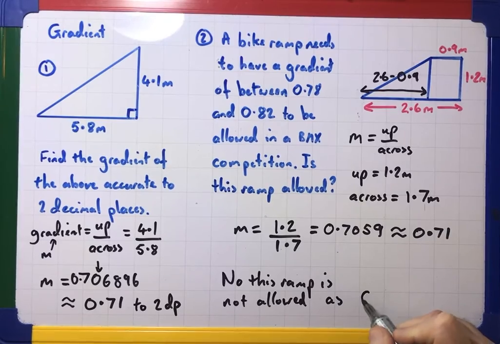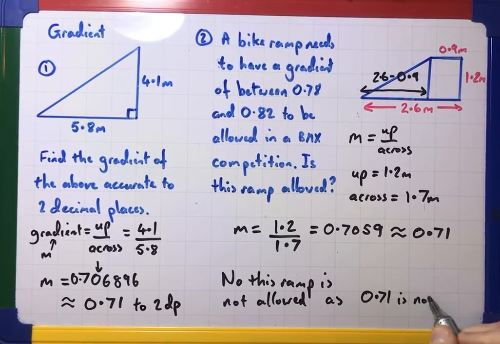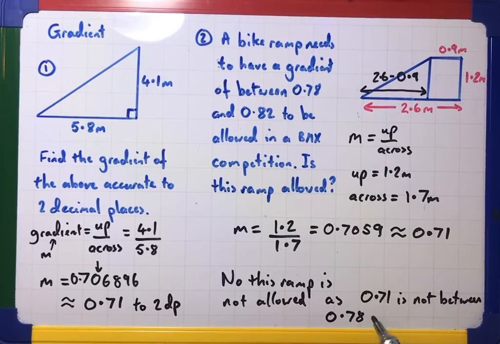Now I would write 0.71 is not between 0.78 and 0.82. So no, this ramp is not allowed. Otherwise it doesn't get me the mark. I have to state that the value I've got is not between these two.